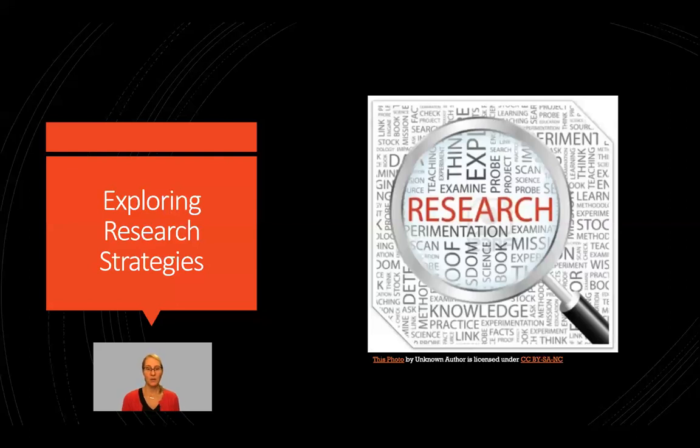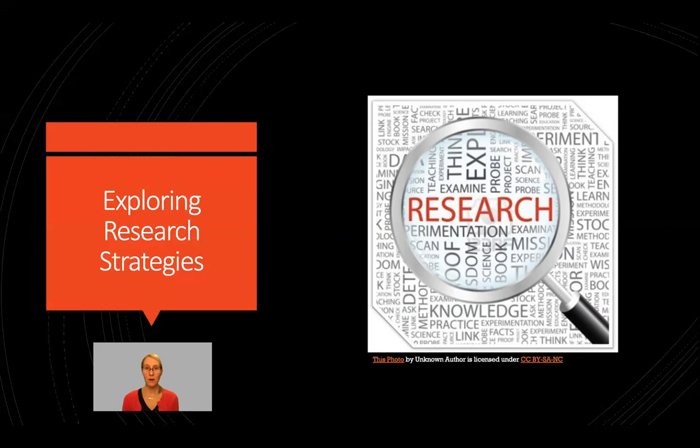Research strategies. So we're coming back to those 5 different types of research strategies that I'm requesting for the annotated bibliography. And we're thinking about the library catalog. A library is an institution that has a bunch of stuff.